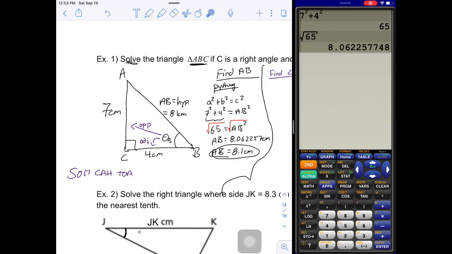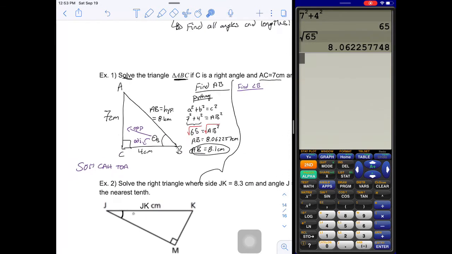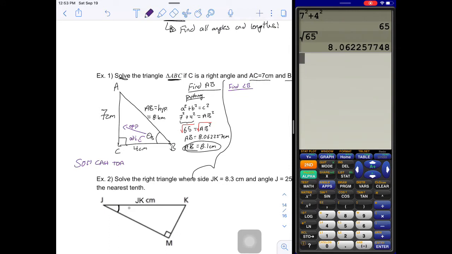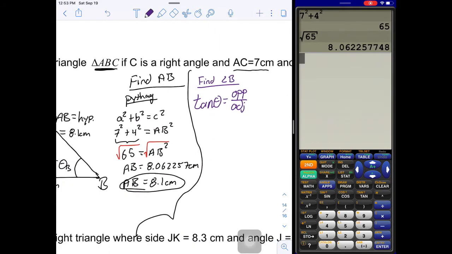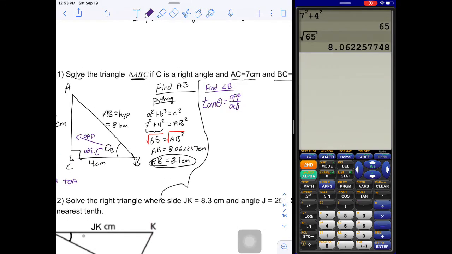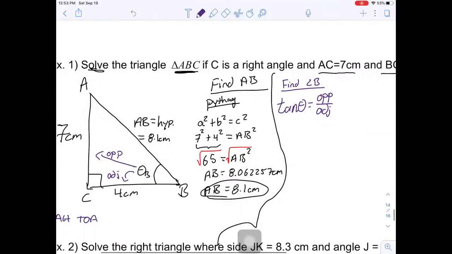Which ratio relates opposite and adjacent? Well, that would be tan, TOA, opposite over adjacent. So that means I'm going to use tan of the angle equaling opposite over adjacent in my calculation here.